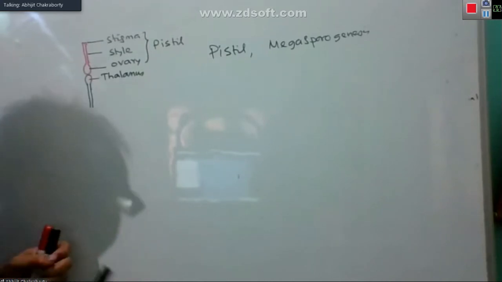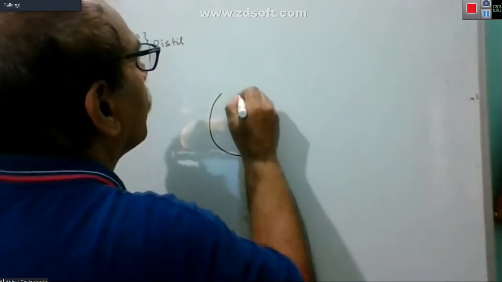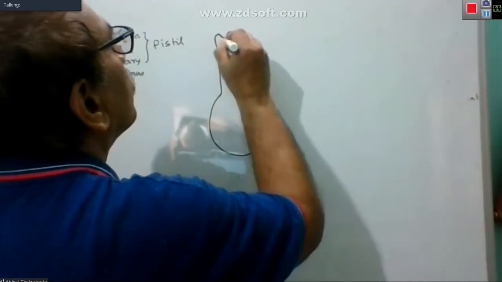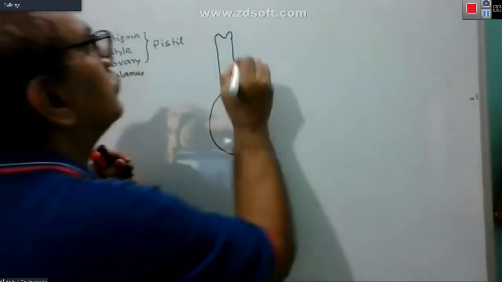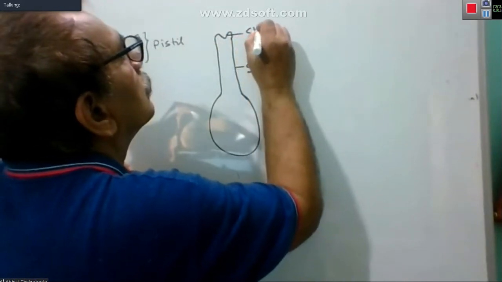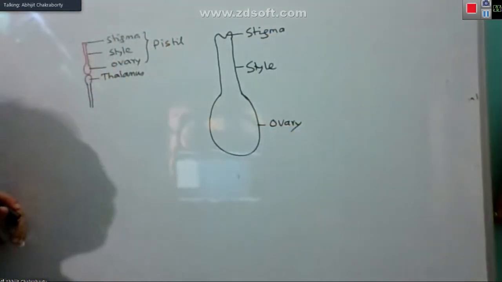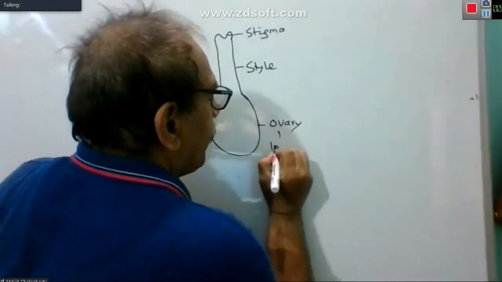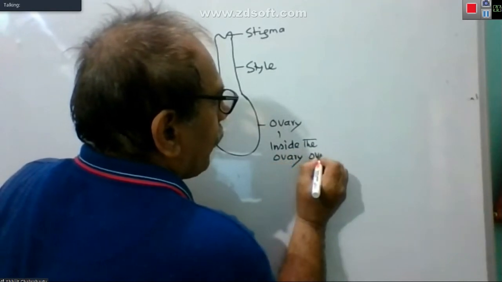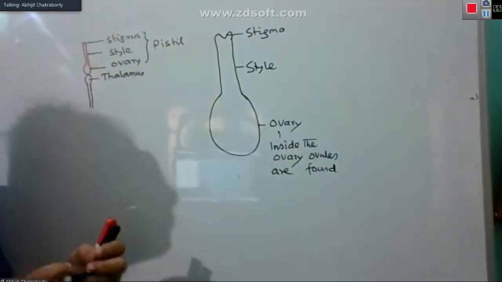So if you draw it in a larger way, inside the ovary ovules are found. Number of ovules varies from plant to plant.